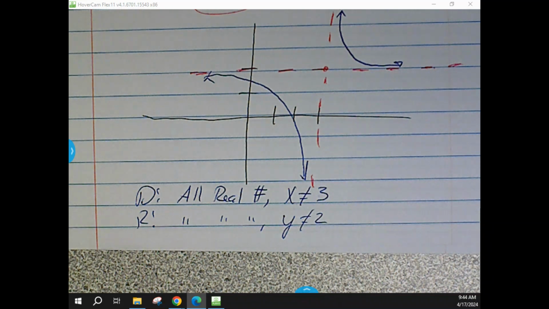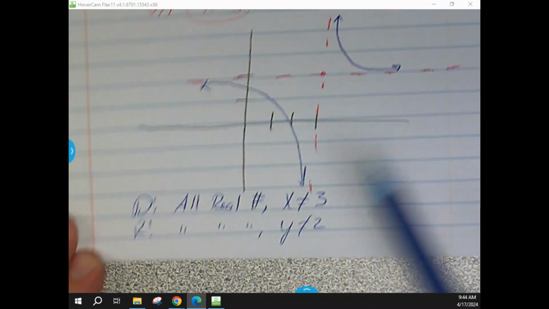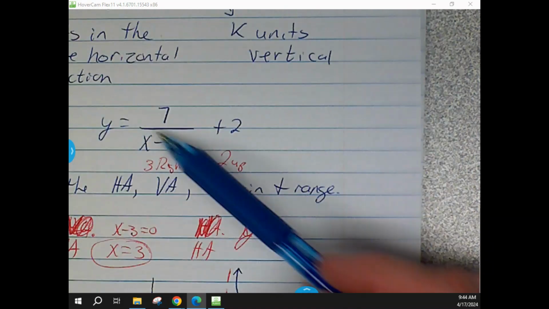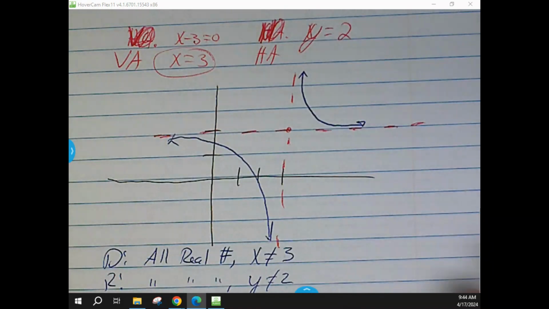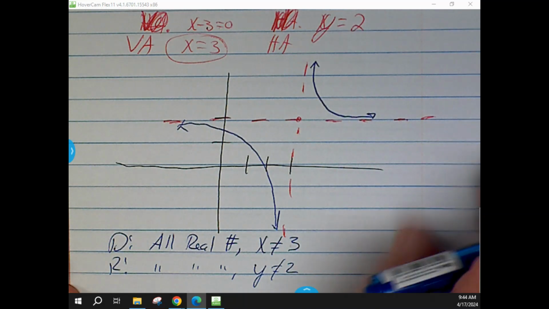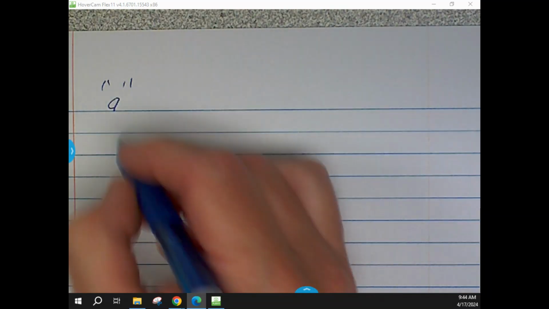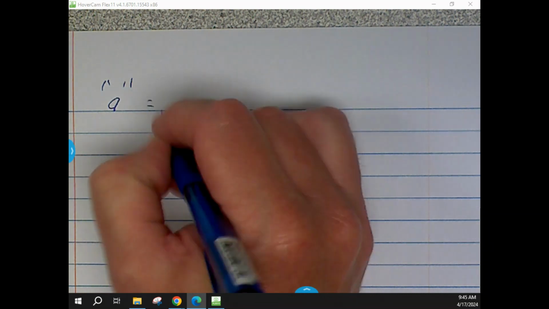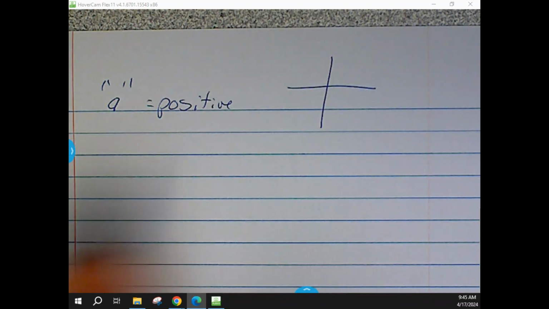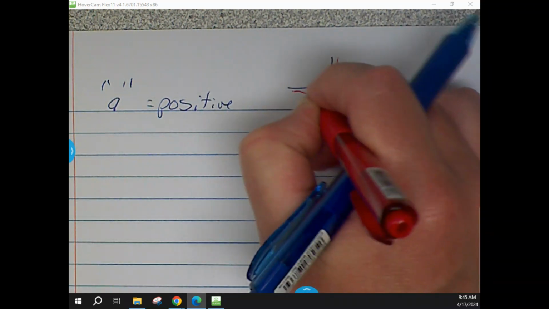Okay. Now, basically on this part, if the a value is positive, this top number is positive, you're going to go here and here. If we had changed the a value in this case to be negative, to show you that, everybody good there? I'll show you that one real quick. So when a is positive, your graph is going to be here and here.